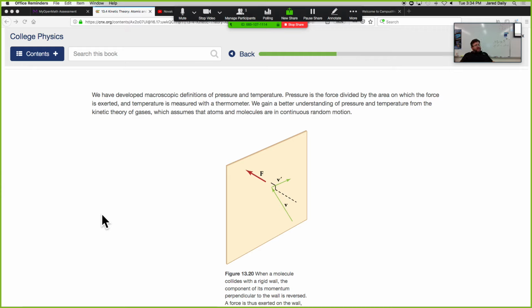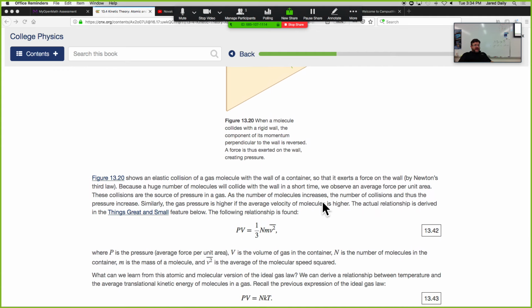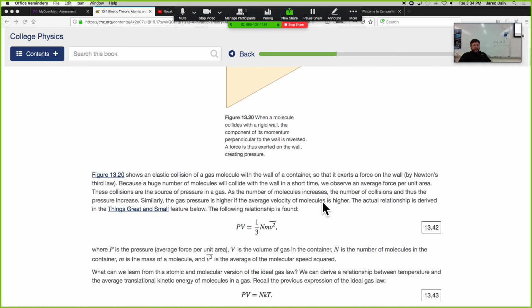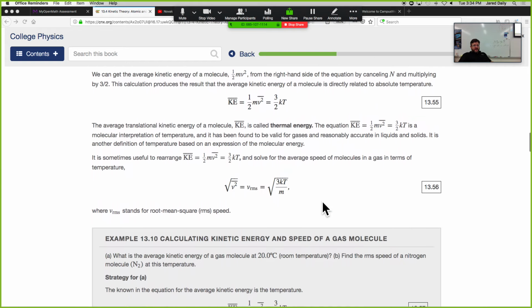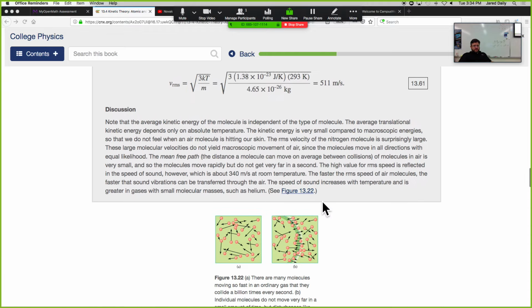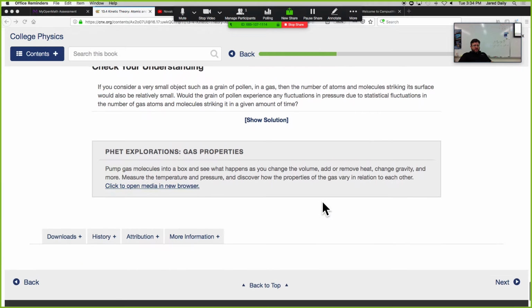So what happens when a particle bounces off a wall? Here's a wall of our box, and the particle comes up with some velocity v, bounces off, and comes off with some velocity v prime. We can actually calculate the change in momentum.